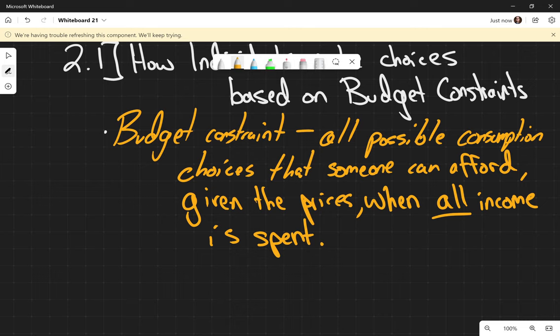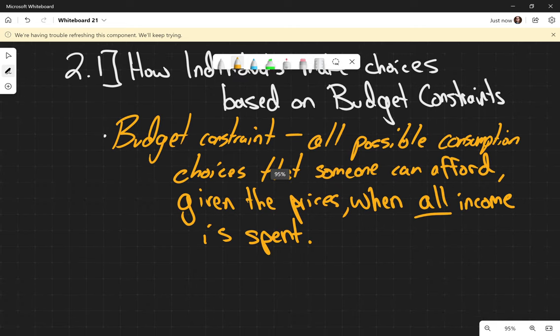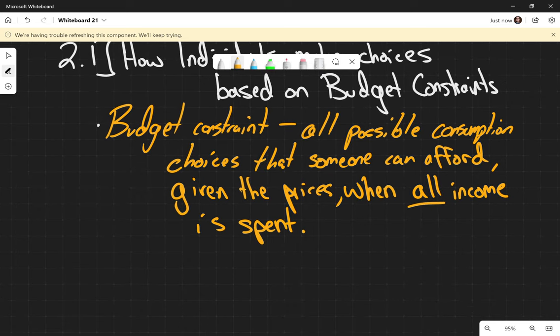So we can illustrate a budget constraint graphically, which we will do with the book example talking about Alfonso.